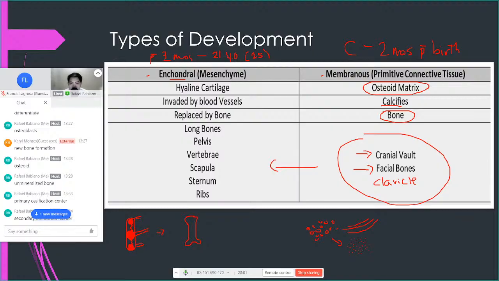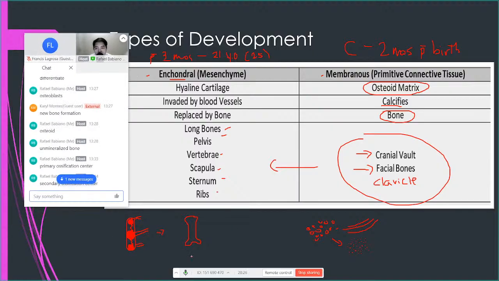The rest are made through endochondral ossification. So you have your long bones, your pelvis, your vertebra, scapula, sternum, and ribs. We're going to talk about each of that later. So take note: endochondral is the rest of the bones; membranous is cranial vault, facial bones, clavicle. You also have to remember the process on how they are made.